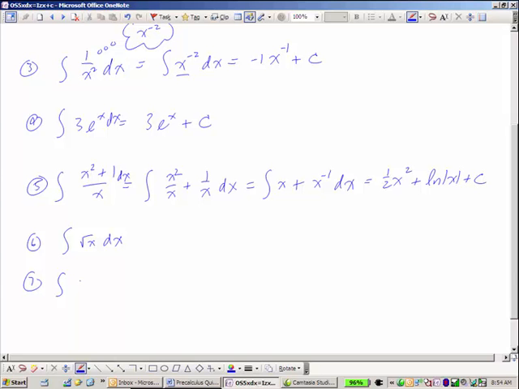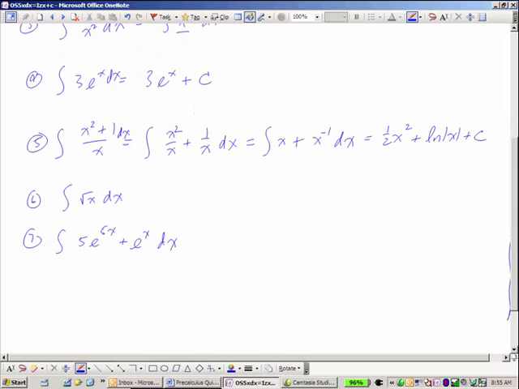Ooh, that one's good. We didn't do that rule. I'll save that for a little later. That is a very bad 5. Just check. 5e to the 5.